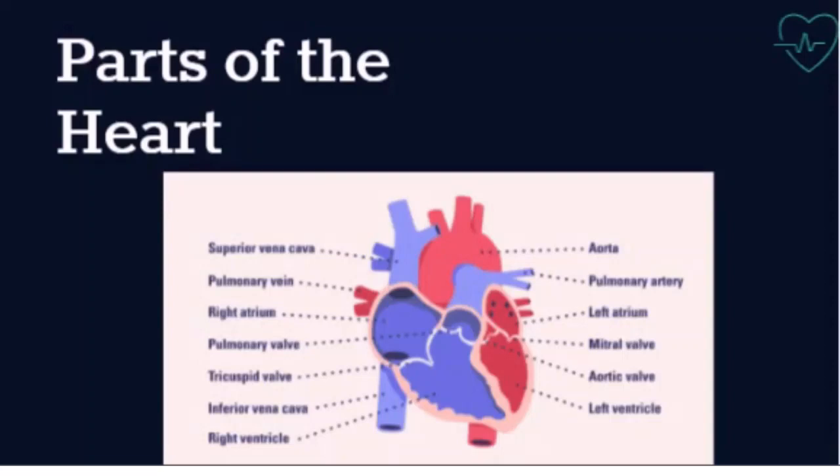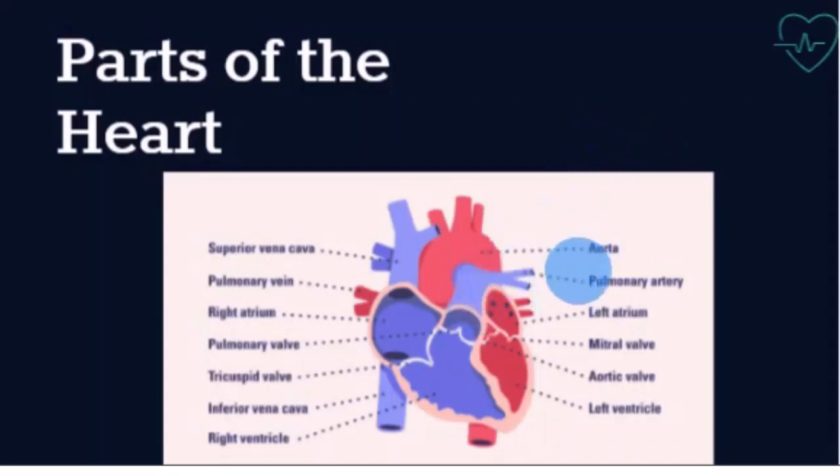Then we go on to the pulmonary artery. The pulmonary artery carries deoxygenated blood from the right ventricle to the lungs for purification. The pulmonary artery is in fact the only artery in the entire body to carry deoxygenated blood, because arteries usually only carry oxygenated blood, as you can see in the aorta.